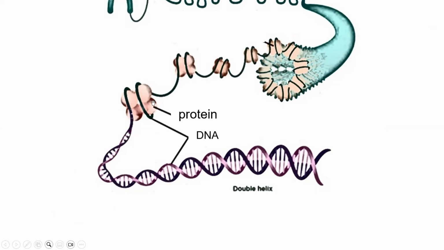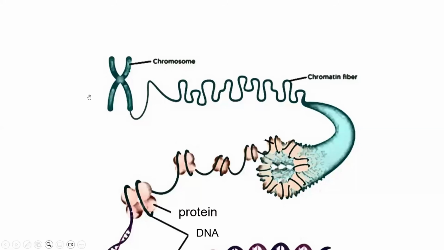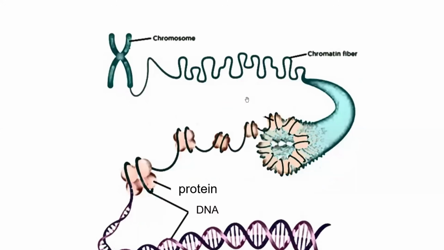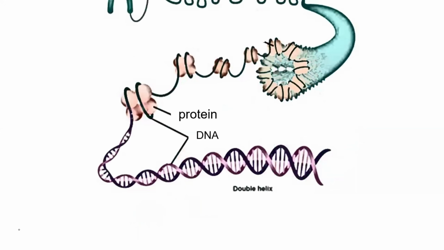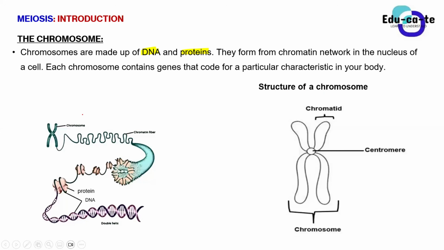When we combine a DNA molecule with a certain type of protein, we form a what? We form a chromosome at the end of the day. This diagram illustrates that to end up with a chromosome, we start by combining DNA and proteins. Basically, chromosomes are made up of DNA that is coiled around a certain protein.